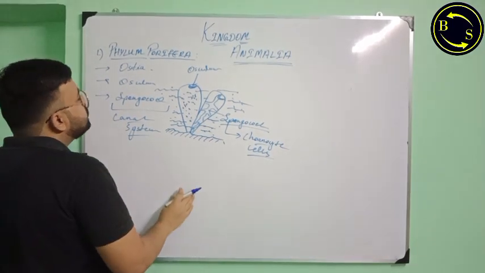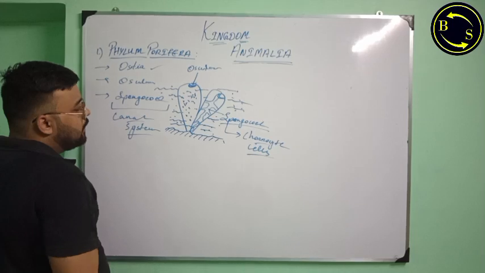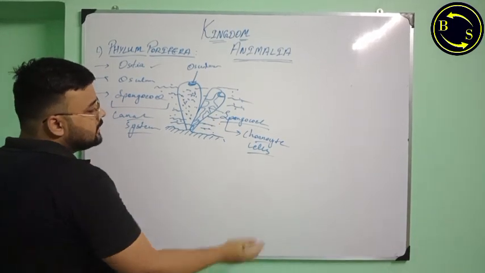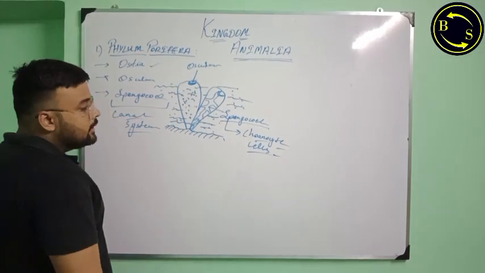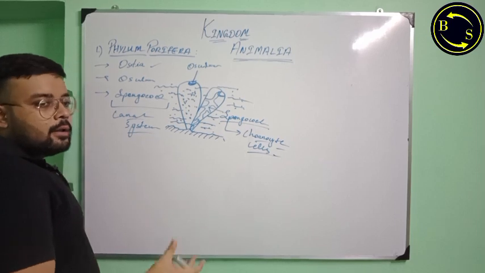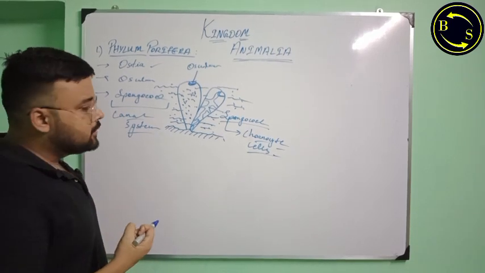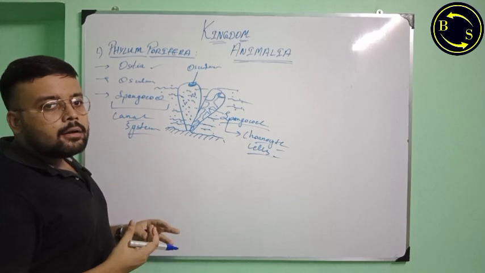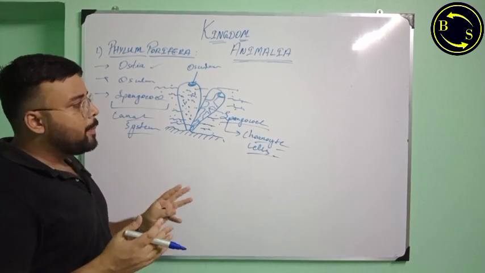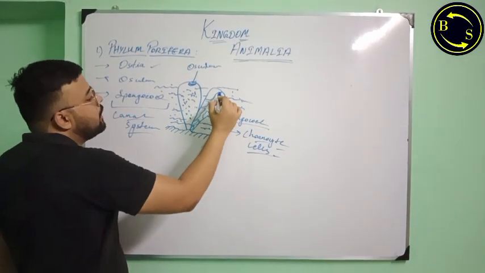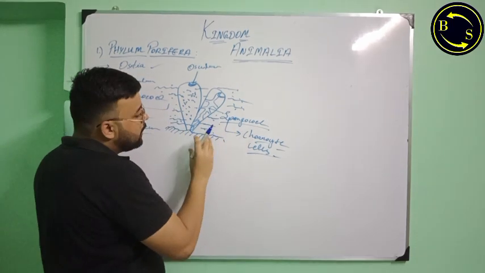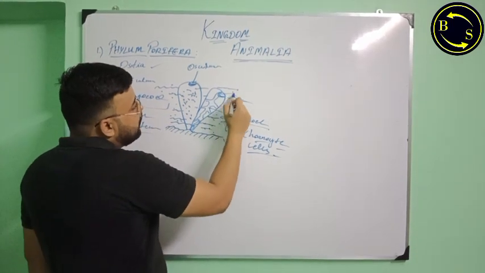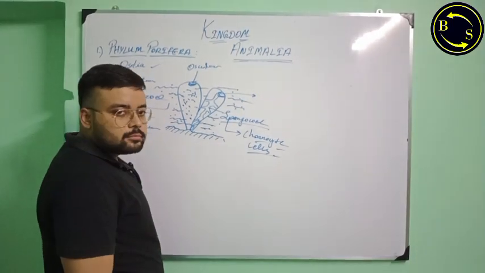The water enters through the ostia, enters into the spongocele, which is lined by choanocyte cells. These choanocyte cells, what do they do? They are like filter feeders. They collect all this organic matter and let the water pass out. All the water, after collection of the organic material, passes out through the osculum.